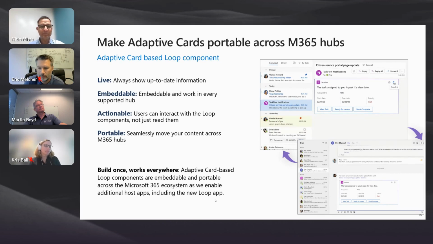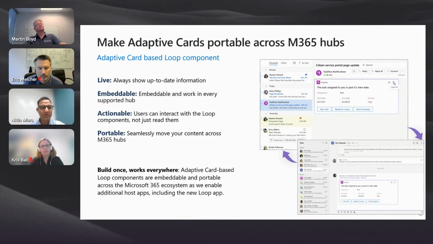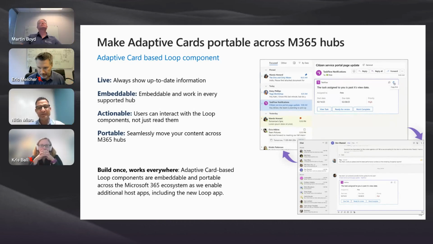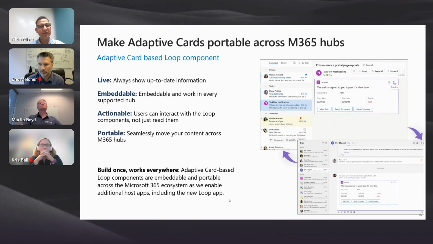So adaptive card-based Loop components enable that portability across M365 hubs. And it not only allows the portability, it promises certain capabilities. One of the capabilities is liveness. Irrespective of the hub, whether it's Outlook or Teams, wherever that card stays, the information always stays up to date. That is, the card is live, and that card is always in sync with the underlying application.